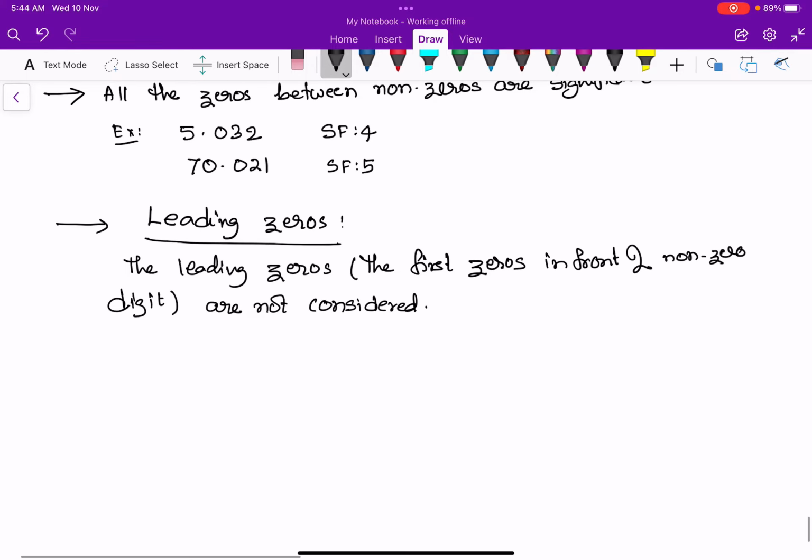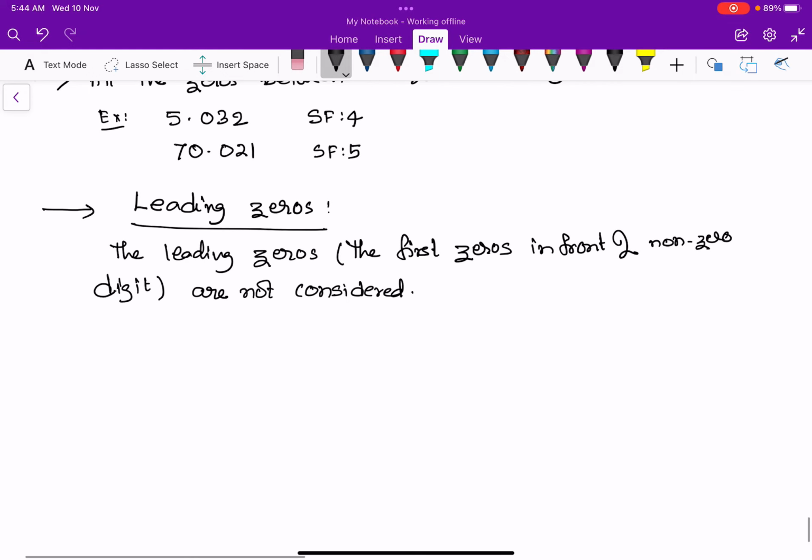What's an example? Suppose 0.002308. How many zeros are there? Leading zeros: 1, 2, 3, right?